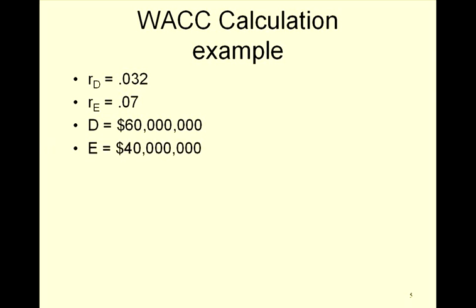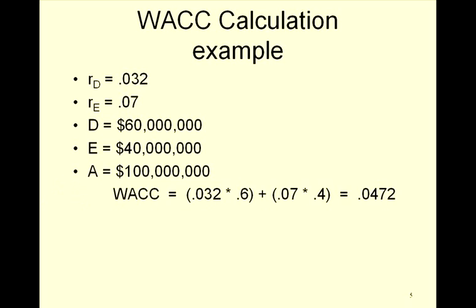Here's an example of a weighted average cost of capital calculation. Let's say the lenders are willing to lend us money at an interest rate of 3.2%. Let's further say that the required return on equity is 7%. If we have $60 million in debt financing for our firm and $40 million in equity financing for our firm, we have a total of $100 million in assets.